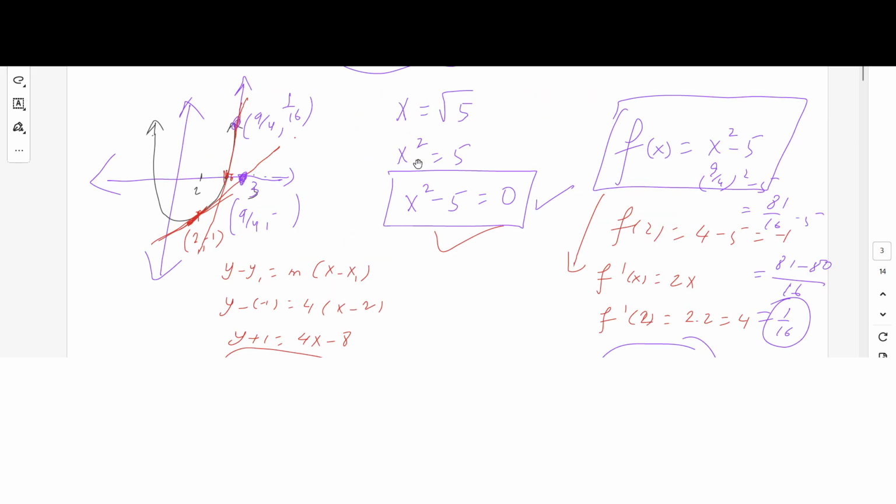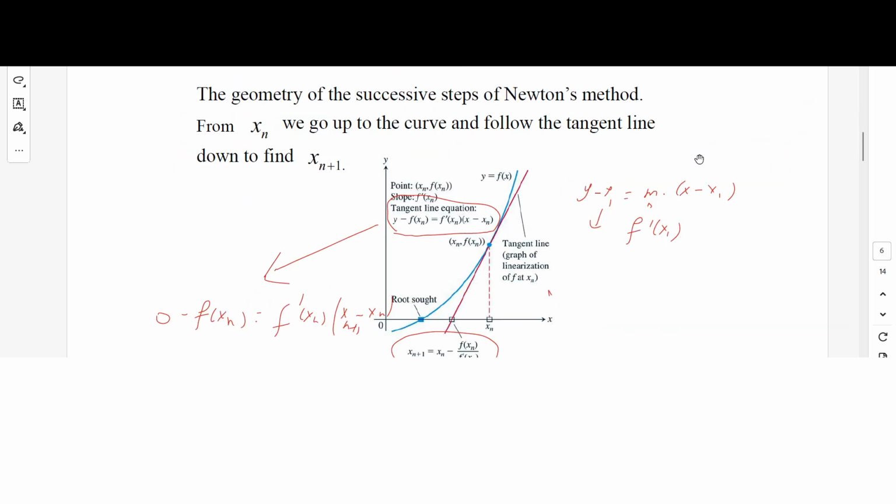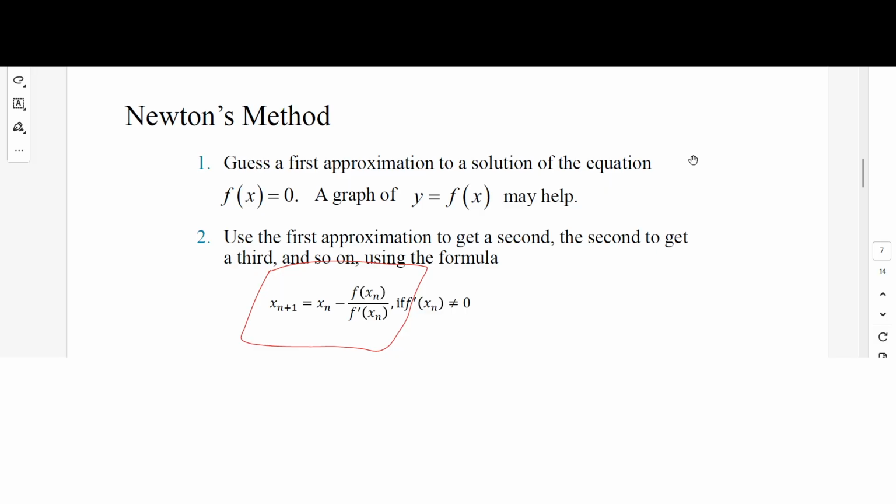We're trying to do this with f of x equal to x squared minus 5, and the first zero we took was when x is 2. So let's try to solve this one using Newton's method. Our problem is solving x squared minus 5 equal to 0, and we're saying our first point is 2. Then what is our next point?